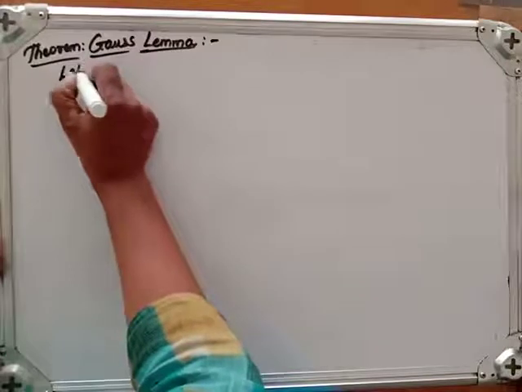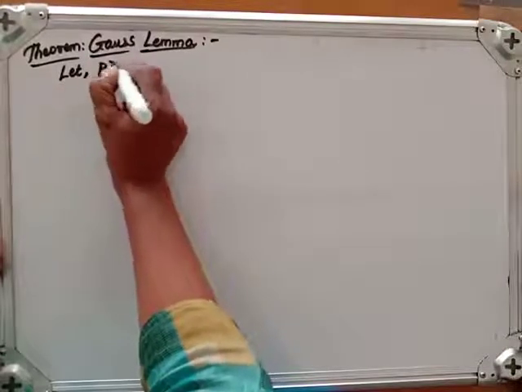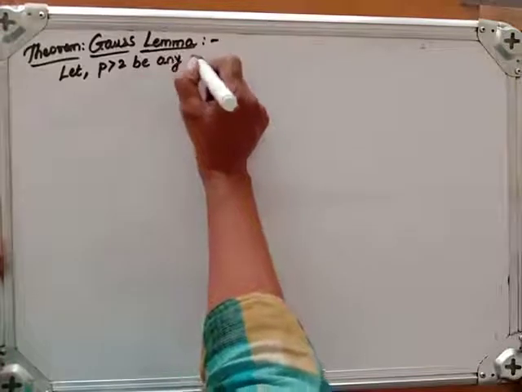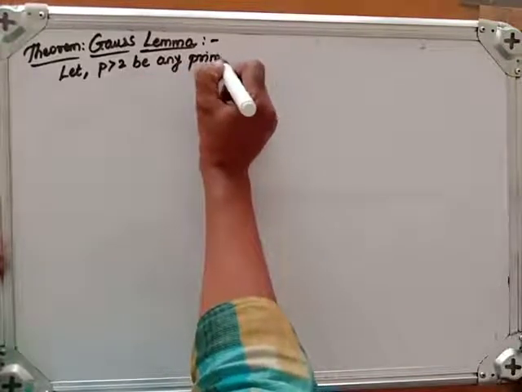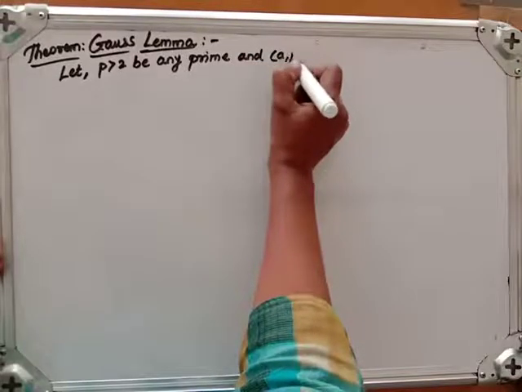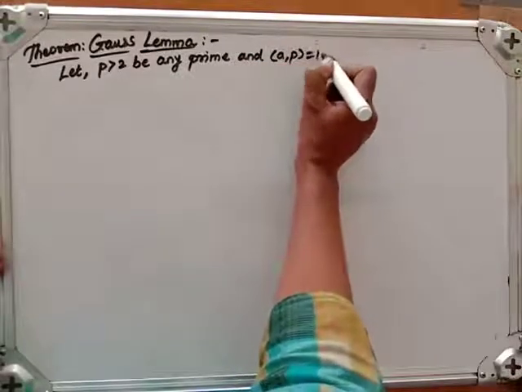Let p greater than 2 be any prime, and a and p are relatively prime.